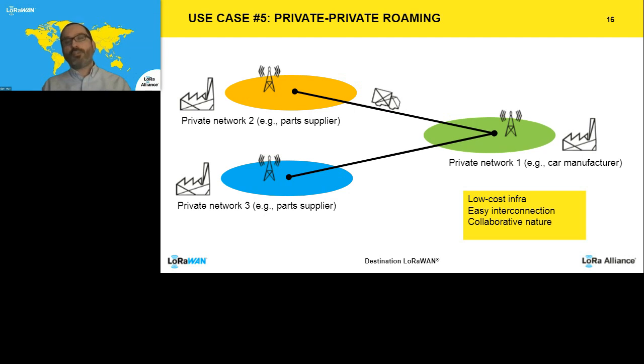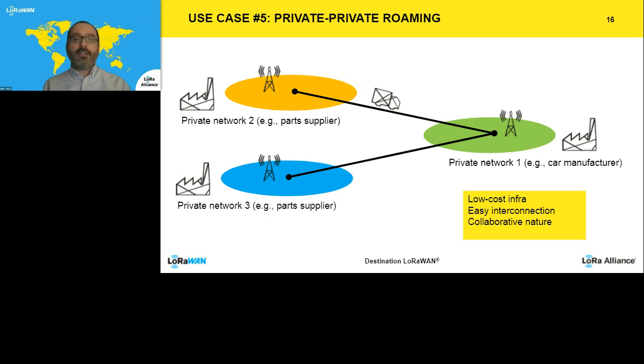But imagine those parts are being shipped from one part supplier to the car manufacturer, and that shipment, the containers, needs to be tracked, like when they leave site 1 and when they enter site 2. We would like to have some trackers on them.